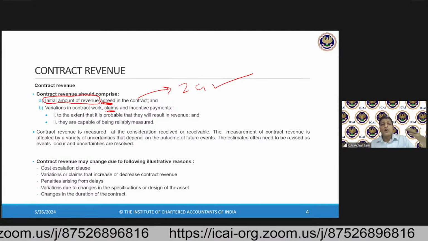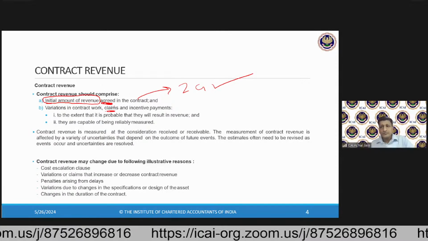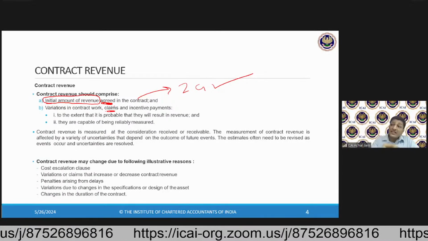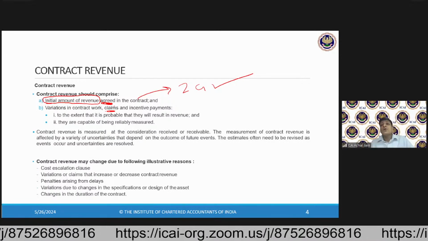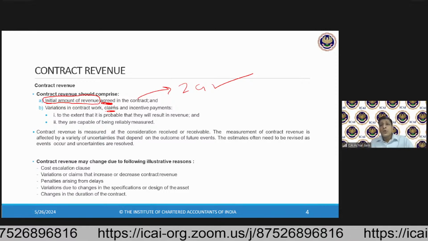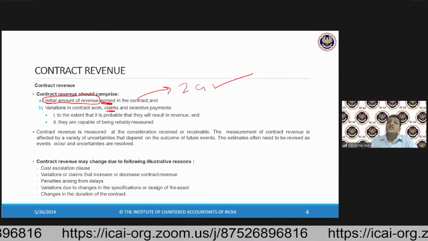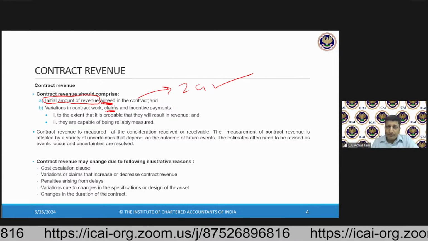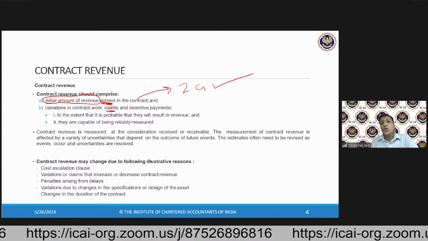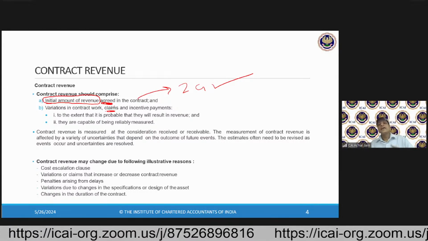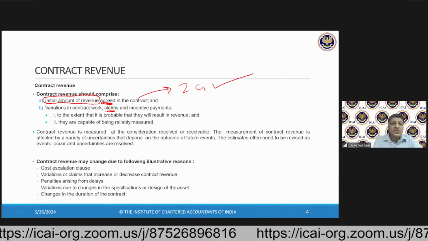escalations from the customer. At times, what may happen is initially when the contract was started, the scope of work was agreed, but after that some changes have been made in the scope of work, due to which the cost of the contractor will increase and he will ask for those variations.